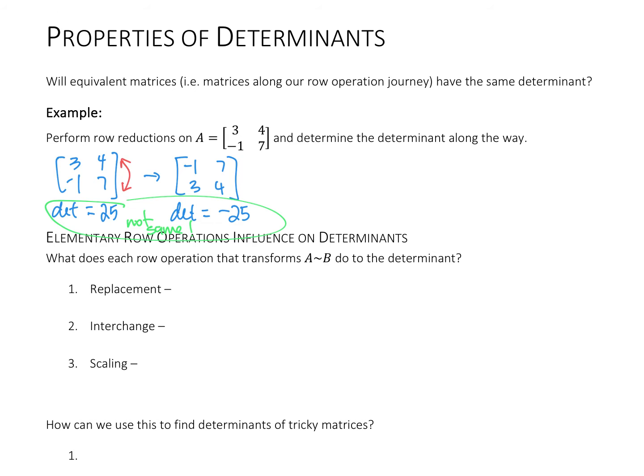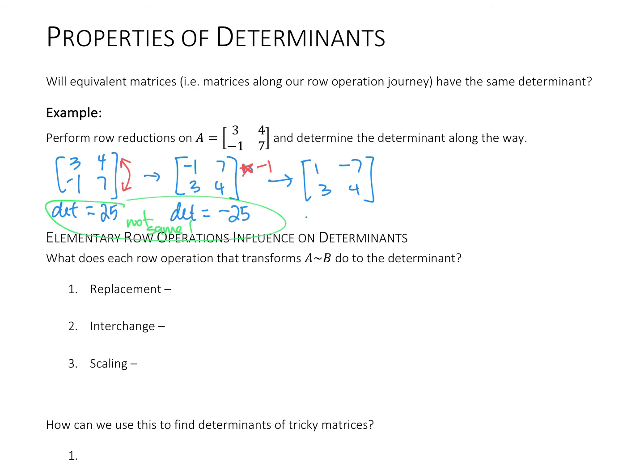Let's find out. Next thing I'm going to do, I want to change my 1 in the top position. I need that to be a positive. So I'm going to multiply this row by -1, or divide by -1, doesn't matter. And this will give me the new matrix 1, -7, 3, 4.